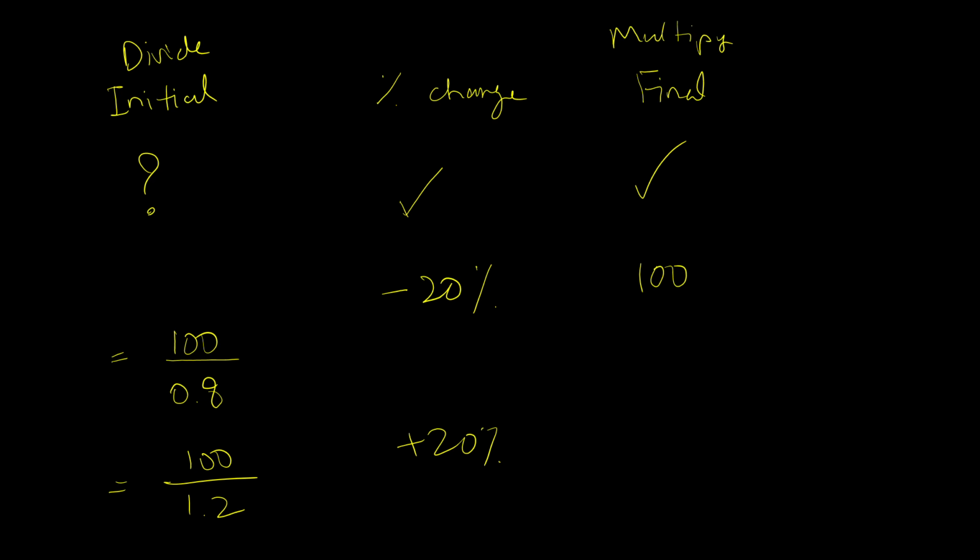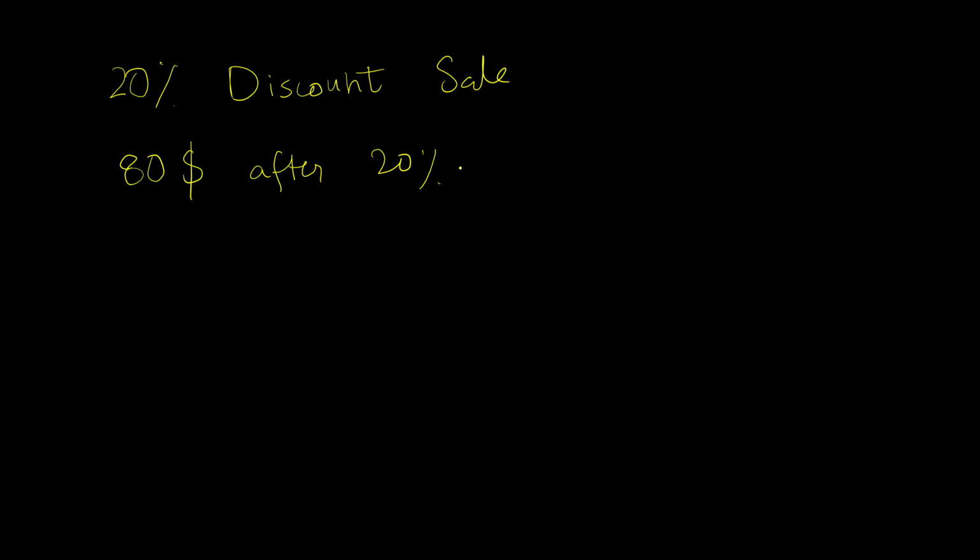Now let's cover one more example. You went to a shop, and it offers a 20% discount. Now a shirt costs $80, even after the 20% discount. And you were wondering what the original price was if it was not on discount.